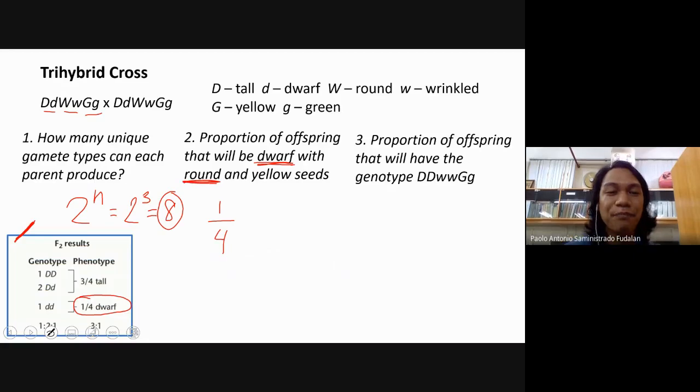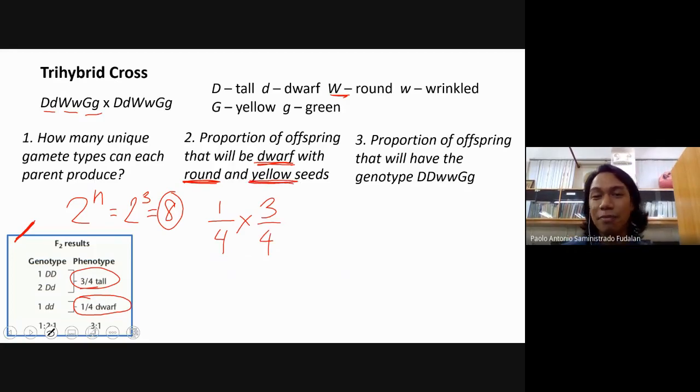Next, round seeded. Round is dominant, as we can see here, capital W. This is phenotype, and the dominant trait appears 3/4 of the time. So that's 3/4. And lastly, yellow.